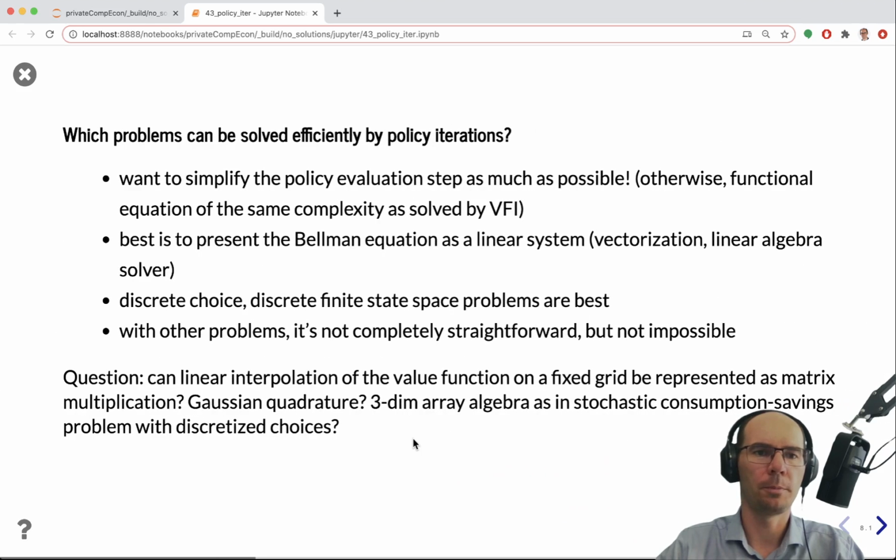All right. So which problems can be solved by policy iterations? Again, all the focus is on how to efficiently implement policy evaluation.